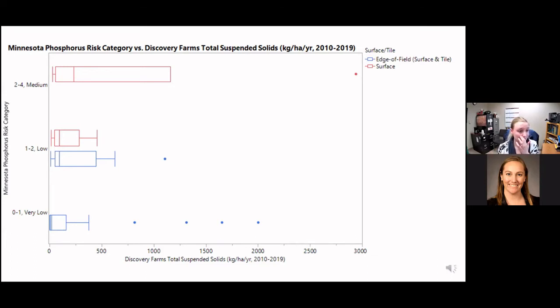So when this MinPI risk model is running the soil loss equation, it's not surprising to me that total suspended solids are being caught as a surface data variable, because those are linked with an erosion variable. It has to do with soil loss prediction, and so total suspended solids are being predicted a bit better here, as we can see.